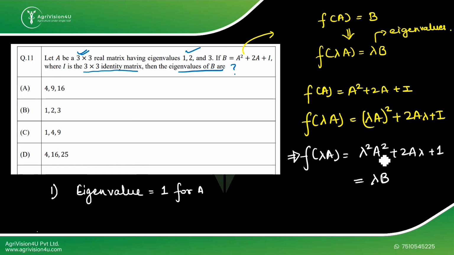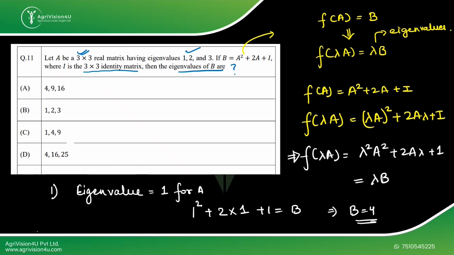Put it here, it will be 1 square plus 2 into 1 plus 1, that is lambda B. So B will be equal to 4.